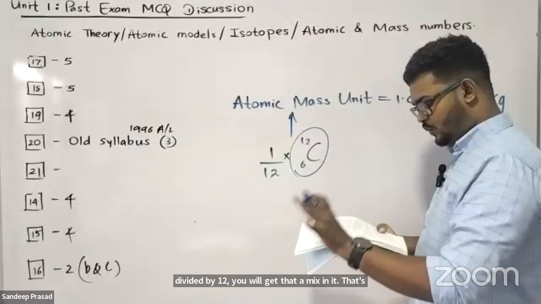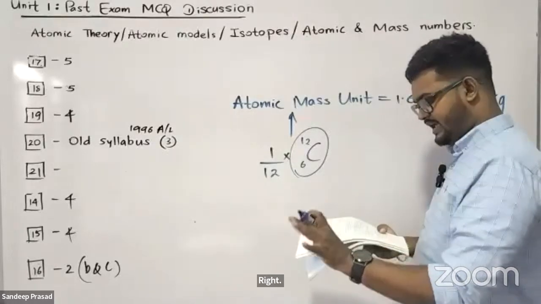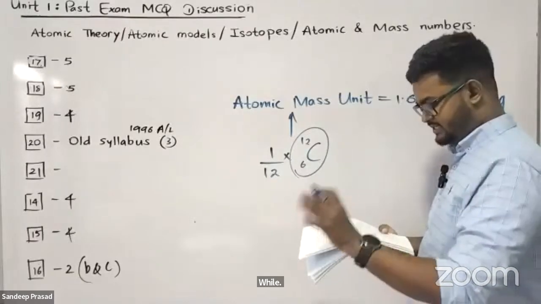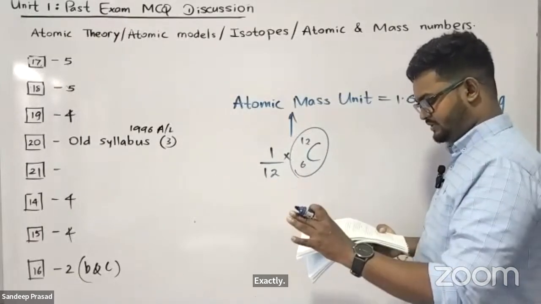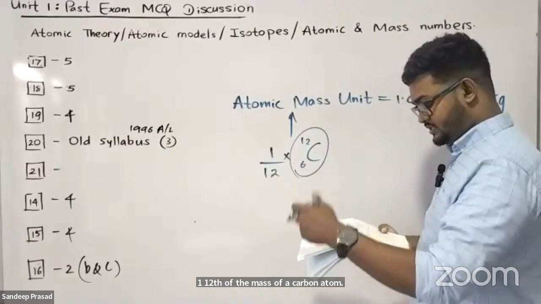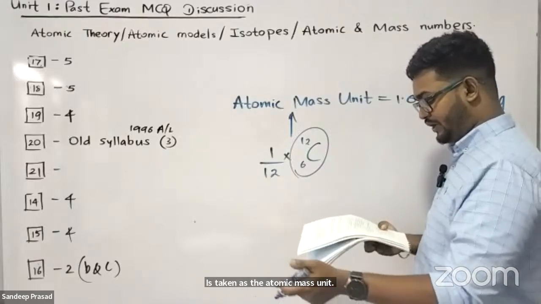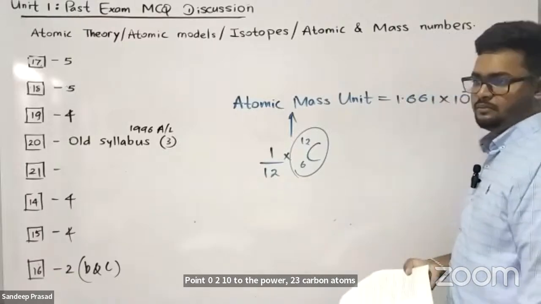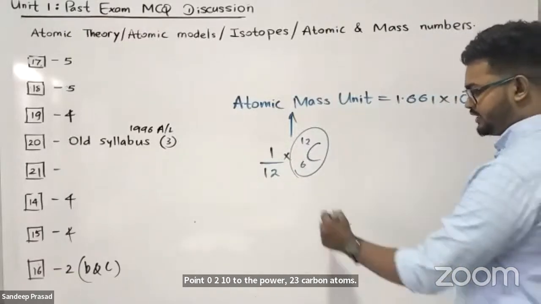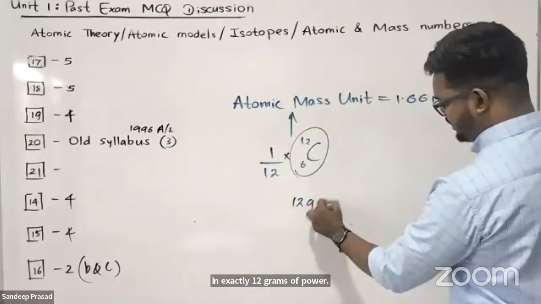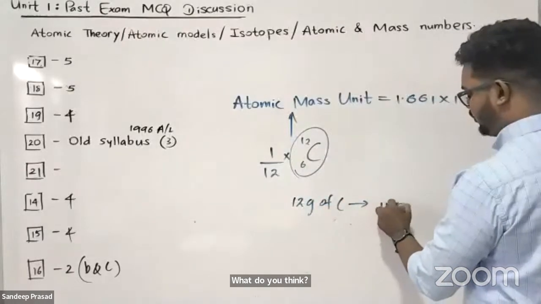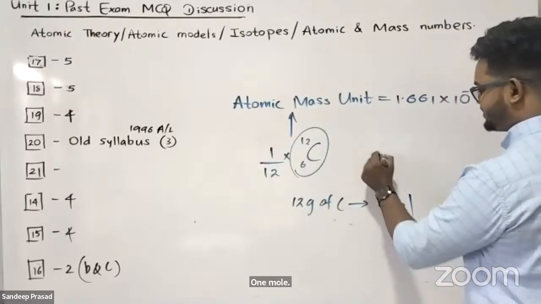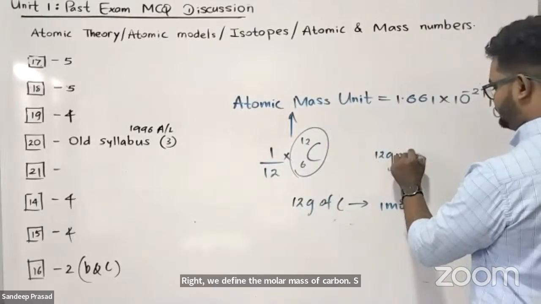Second one: while exactly 1/12 of the mass of a carbon atom is taken as the atomic mass unit, there are 6.022 × 10^23 carbon atoms in exactly 12 grams of carbon. What do you think? We know, students, that 12 grams of carbon is 1 mole. We define the molar mass of carbon as 12 grams per mole.